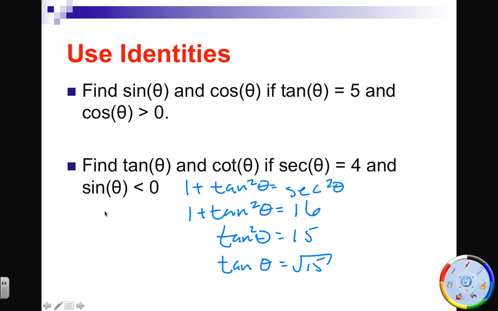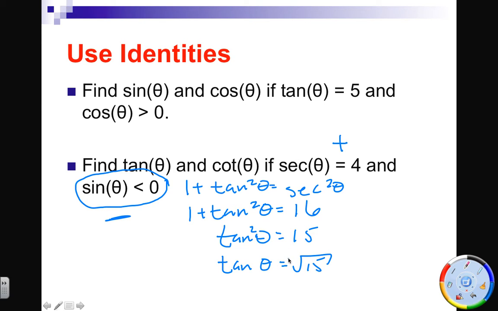If sine is less than 0, that just means cosine is less than 0 as well. But it can't be. So we've got to figure out what we're doing here. What does that even mean? Oh, because back here, if I want sine to be less than 0, which is a negative number, and secant, which is actually cosine, is positive, that means tangent and cotangent have to be negative because they're the ratio of sine and cosine.